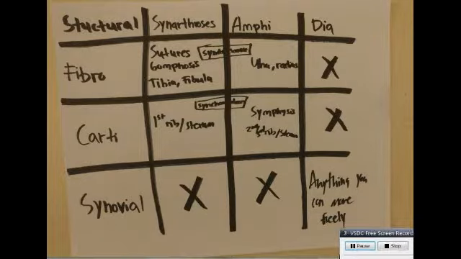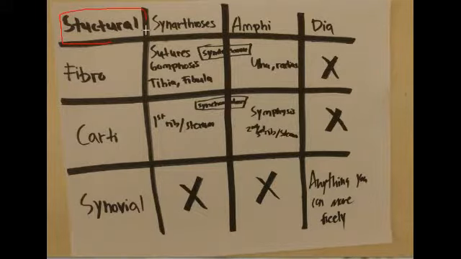Alright, as you can see, we have this chart right here called Sad Faces. And in this chart, we have different classes. So this right here is the structural class. And the structural class consists of fibrous joints. The fibrous joints are made of fibers.